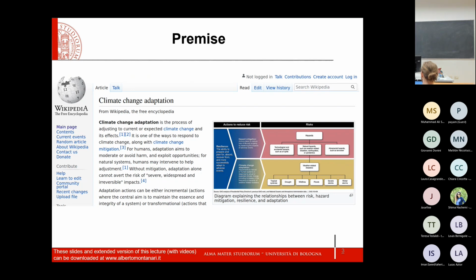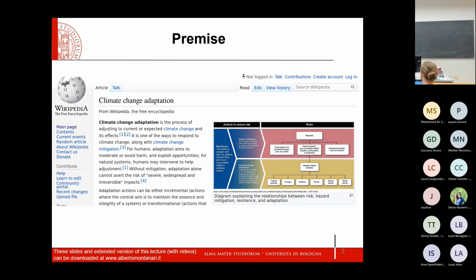So it is extremely relevant that we realize the opportunities delivered by climate change. The opportunities may be, for instance, the urban heat island, where during the winter you have a warmer environment, which is less icy and so less risky and healthier. So the opportunities are something that we need to consider, study, and exploit.